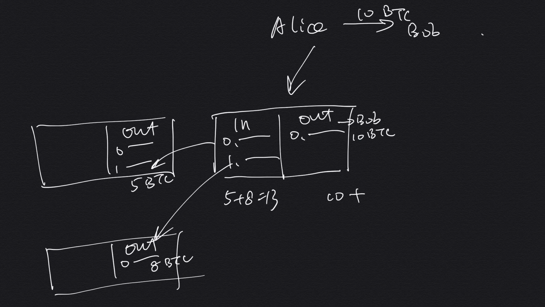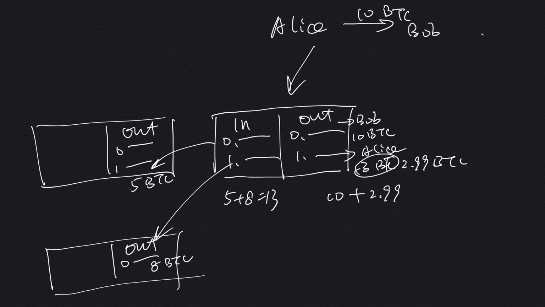So usually the wallet will create a transaction which will pay Alice herself, usually 3 BTC to herself. But in reality, that kind of transaction will not be picked up because it doesn't pay the transaction fee. So in reality, it would usually come up with, for example, 2.99 BTC. So that would be 2.99, and in total is 12.99.